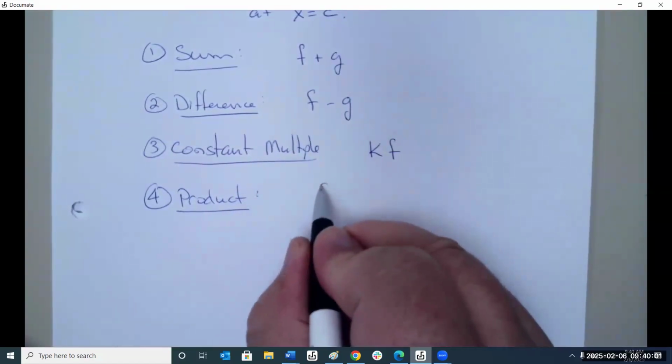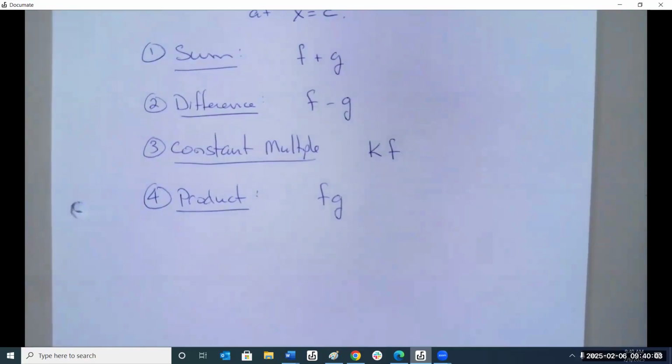The product of two functions, f times g. I can multiply two polynomials or two functions. If they're continuous to begin with, their product will be continuous as well. Why is this? Are these obviously true?